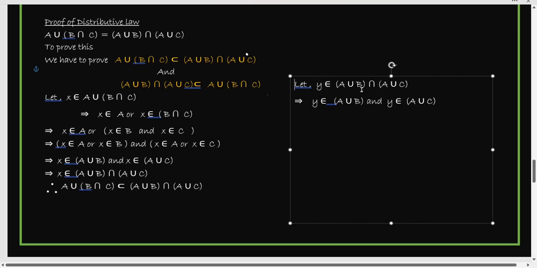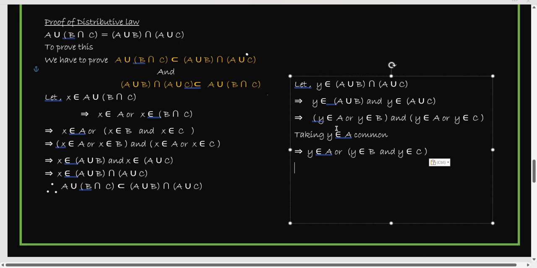That means here union is there, intersection is there. So union means we'll write Y belongs to A union B, and intersection is there, that is why you write "and" Y belongs to A union C. You can see Y belongs to A or Y belongs to B. We'll expand this union and Y belongs to A or Y belongs to C.